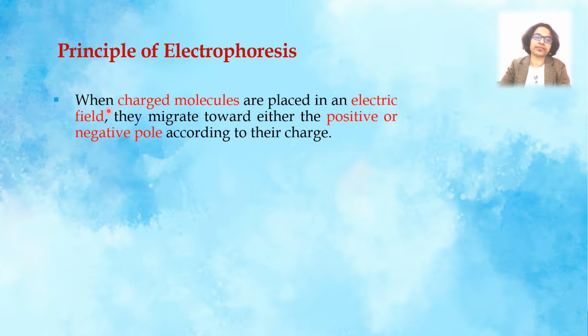For example, some of the ions will be positively charged, and some negatively charged. So negative ions will move towards the positive side. Positive ions will move towards the negative pole.